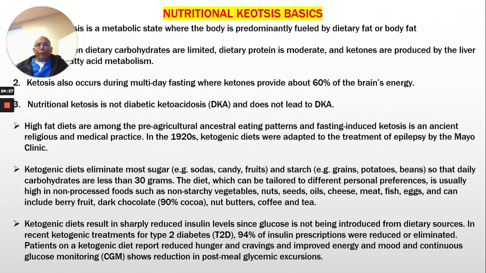The basics of this are dietary carbohydrate restriction, moderate protein, and having your liver produce ketones from fatty acid metabolism. Ketones can support our brain energy, and we need to understand that this does not lead to ketoacidosis. In fact, like I said, in pre-agriculture ancestral eating patterns, ketones were very important.